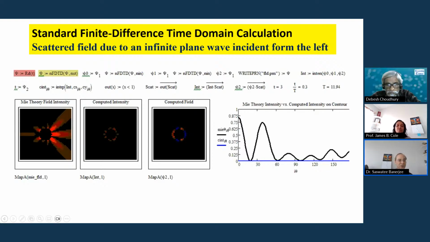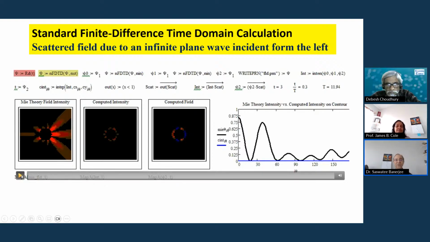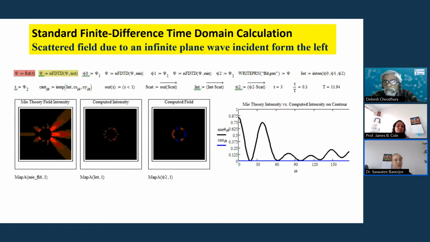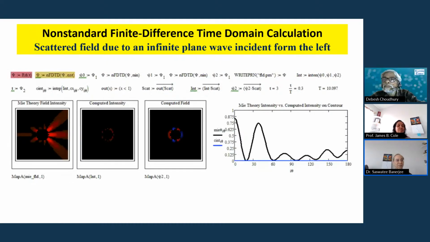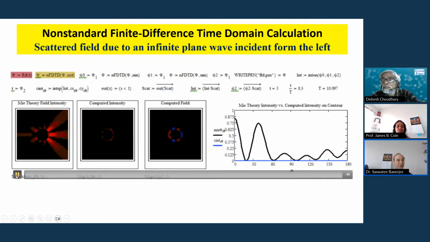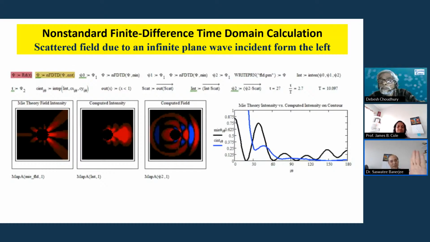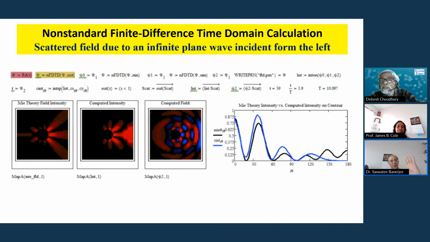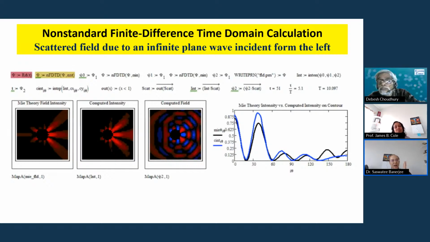All right, so first of all I'm going to show you the standard FDTD algorithm. I'm not running it live, but I am running it. The infinite plane wave is coming in, and we're looking at the computed intensity and the computed field.